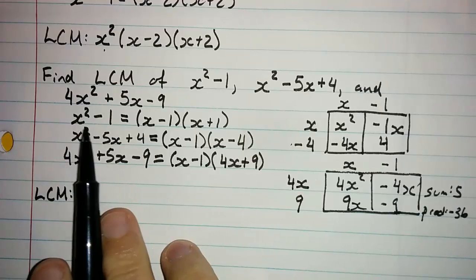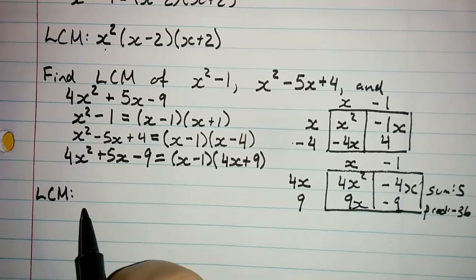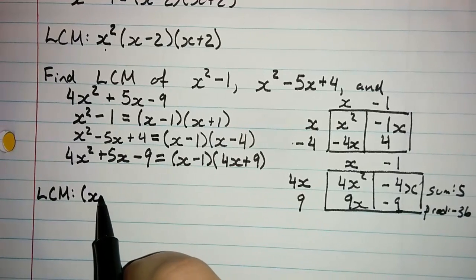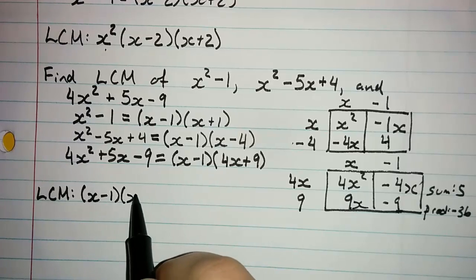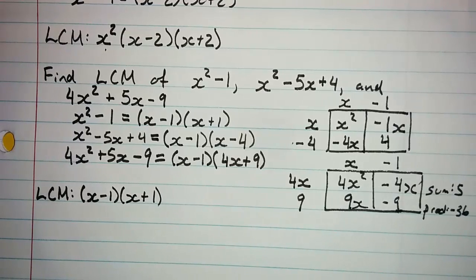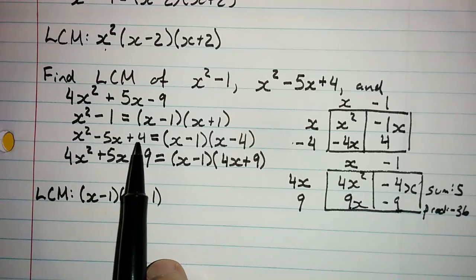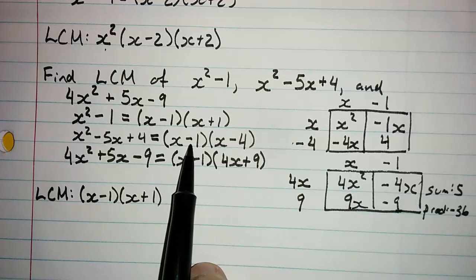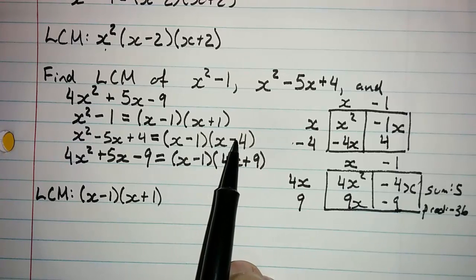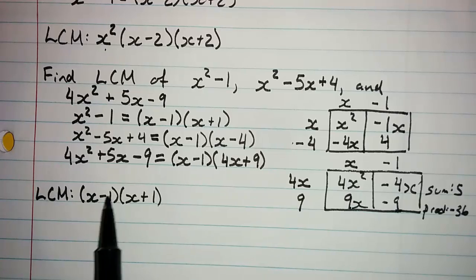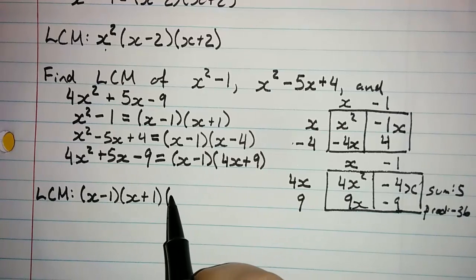All right, having factored each of these polynomials fully, I'm ready to write down my least common multiple. To be a multiple of x squared minus 1, I need an x minus 1 and an x plus 1 in my prime factorization. To be a multiple of x squared minus 5x plus 4, I need an x minus 1 and an x minus 4. I have an x minus 1.